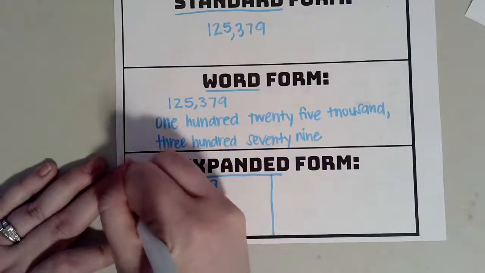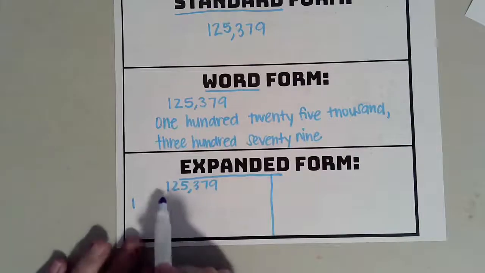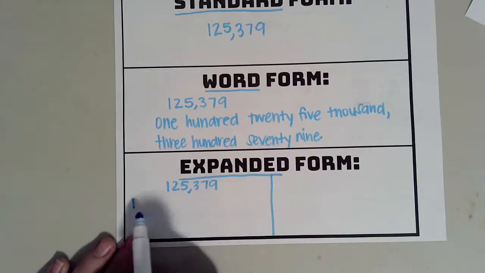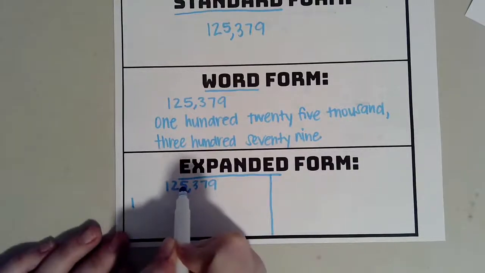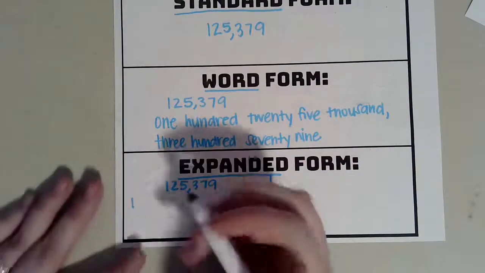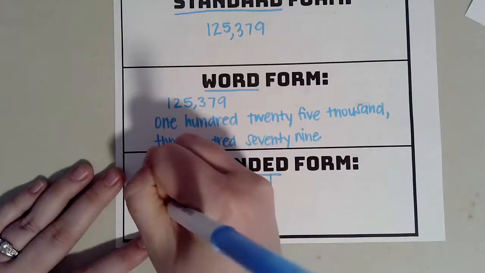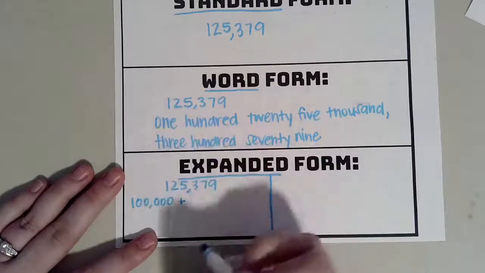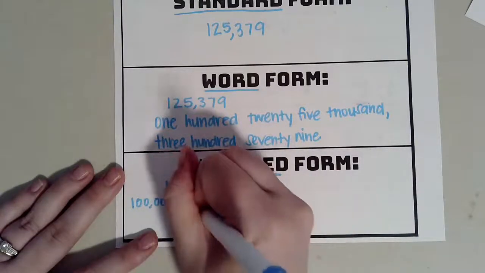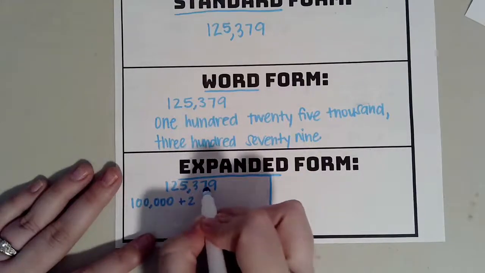And the digit in that place is a 1. And then I'm basically taking all the values in each place and stretching it out like an addition equation. So I have 5 more places. So I'm going to go 1, 2, 3, 4, 5. There's my comma. And then I'll put a plus sign. My next one is a 2. So now I'm going to count 1, 2, 3, 4.